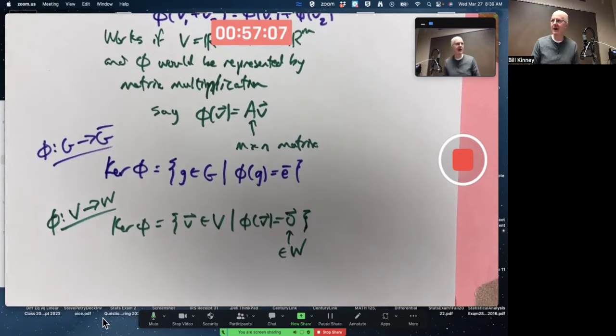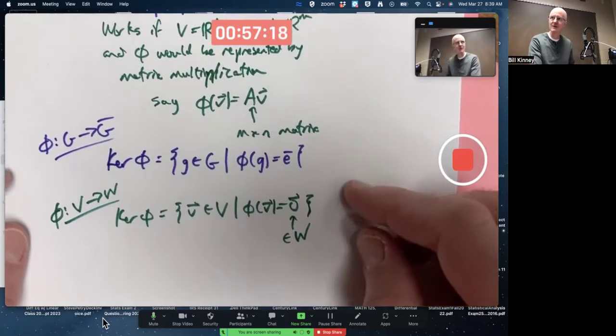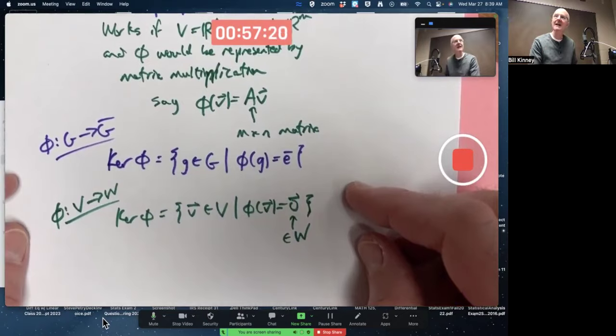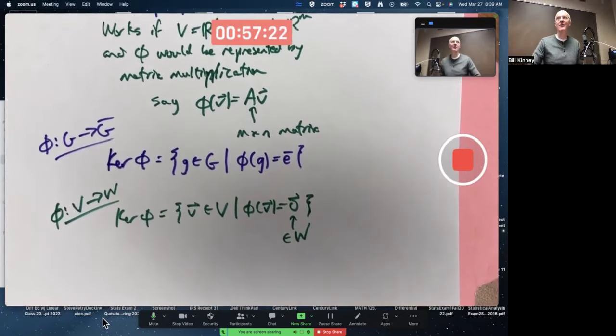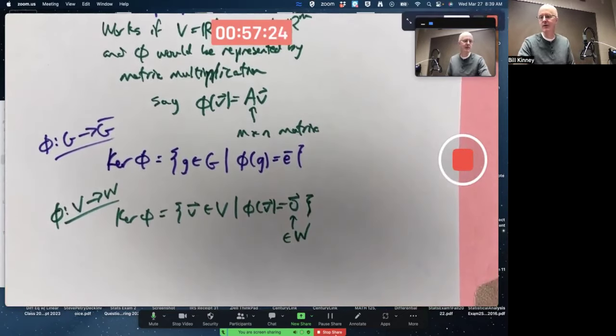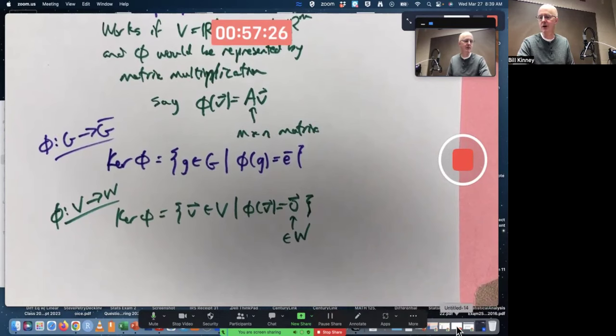In the Rn and Rm case, the solution set of a homogeneous system of linear equations. Kernels were solution sets like that, which even if m and n were the same, for example, even if you're going from R3 to R3, it's possible the kernel could be non-trivial.